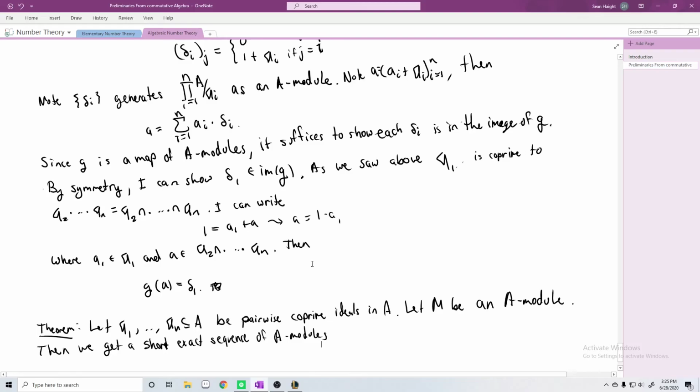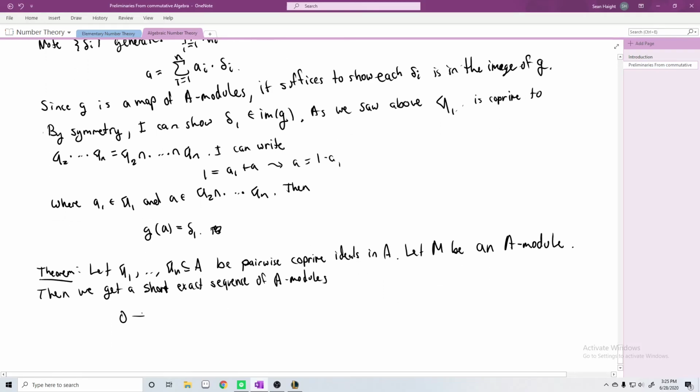What does it look like? 0, A, M, and now it's a product. Something is not right here. There should be an A_i M over M mod A sub i M. So essentially, you can replace A with M for module M.